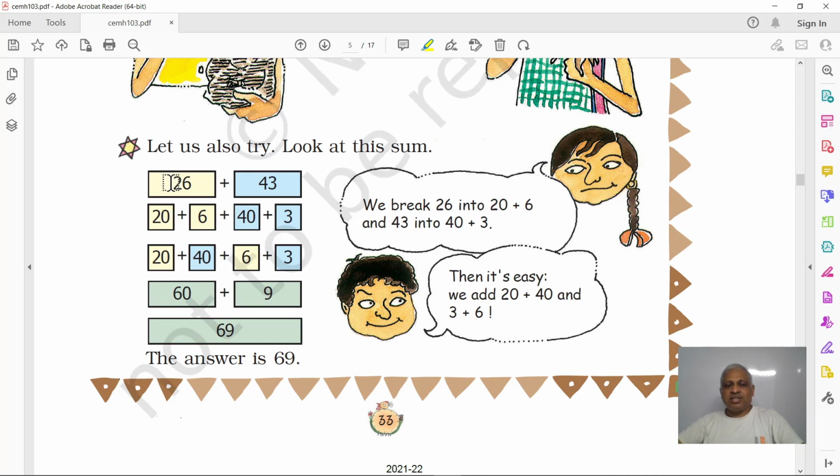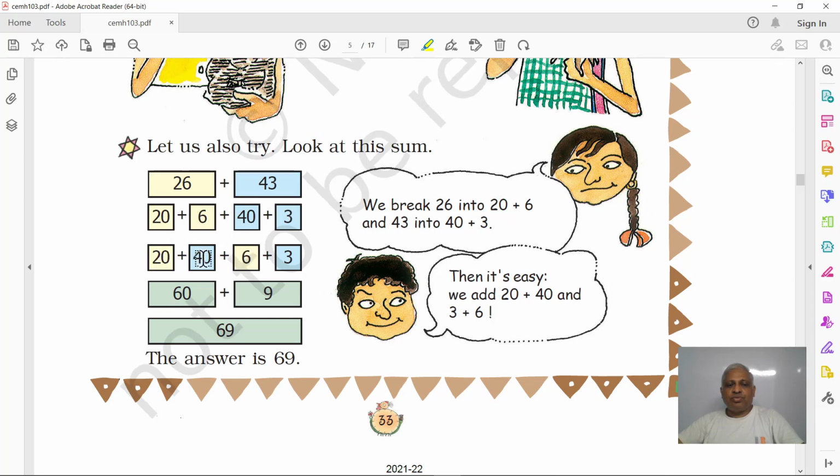Let us try this: 26 plus 43. What we are doing here is breaking 26 into 20 plus 6, and 43 into 40 plus 3. Now let us bring this 40 to the left and 6 to here.